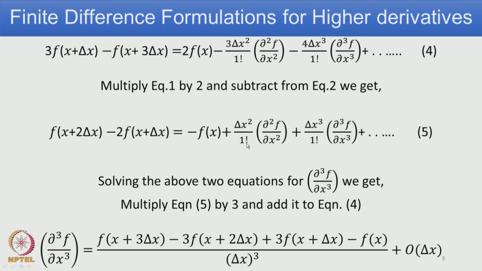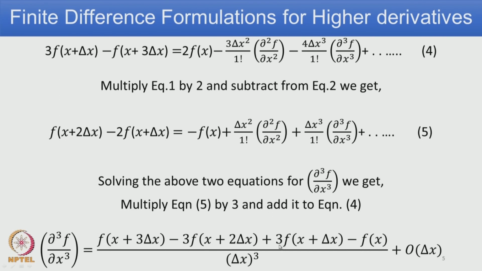In equation 5 you have a del x square term whose coefficient is 1. If you multiply this by 3 and add it to the corresponding term in equation 4, they both get cancelled, and after rearrangement you get the expression for del cube f by del x cube, which is given here.